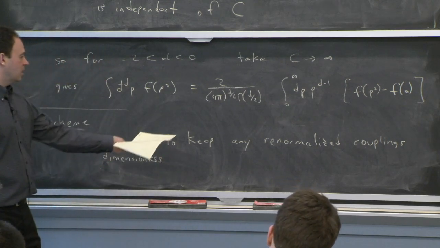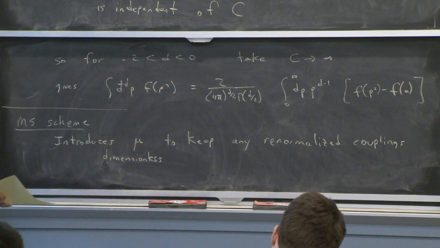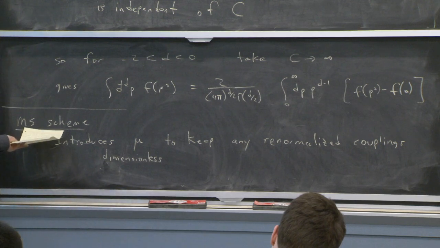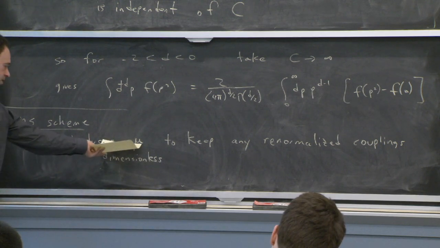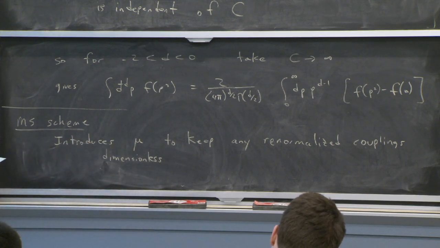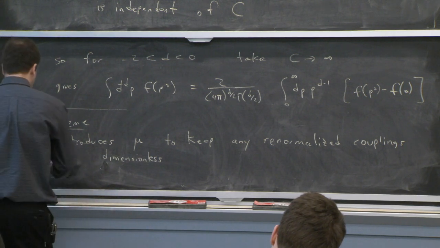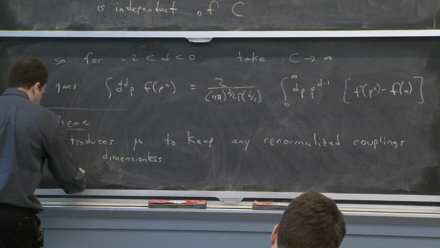If you do that, then the couplings start out dimensionless. And that's a nice thing, to have dimensionless coupling. And the MS scheme is simply the scheme where you want to introduce a scale to keep the normalized couplings dimensionless.